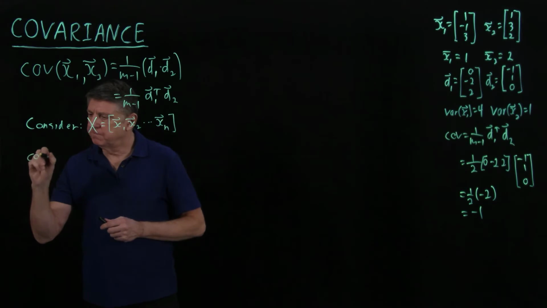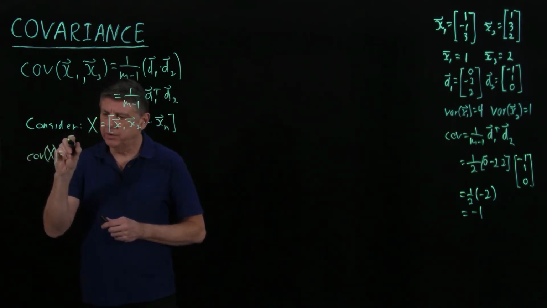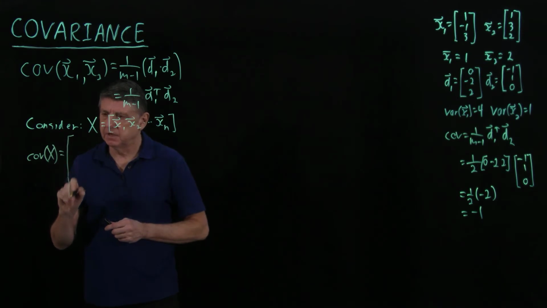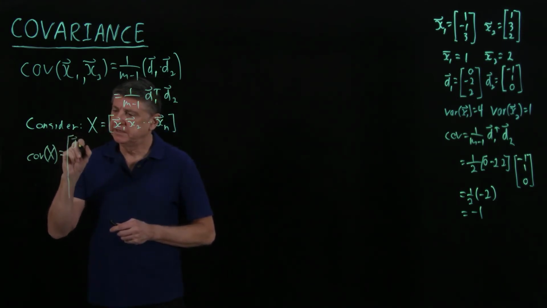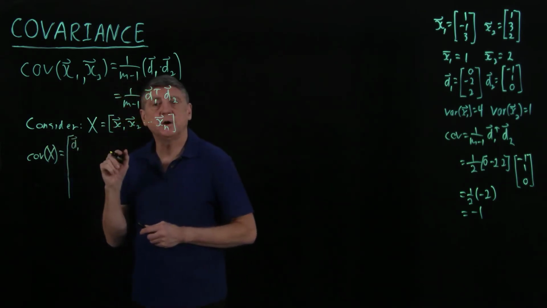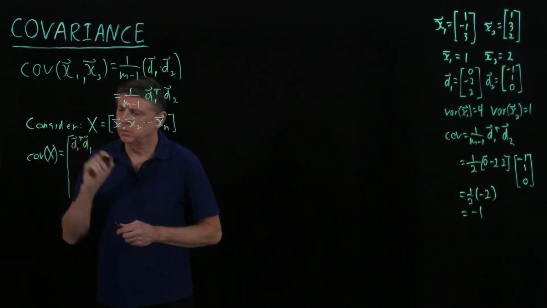So the covariance of all of the data together, we could write as a matrix. This first entry would be d1 transpose d1.